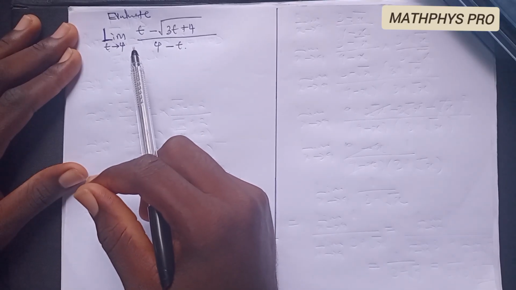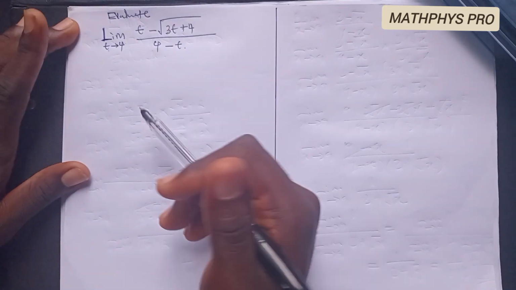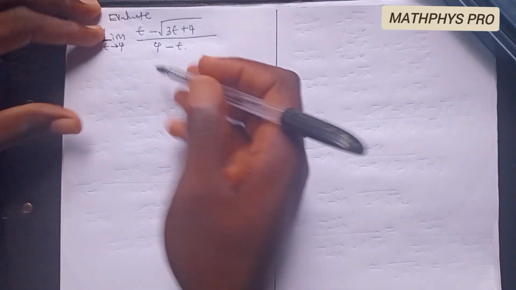Three t plus 4 divided by 4 minus t. So the best way to approach this is by the rationalization method. Find the conjugate.